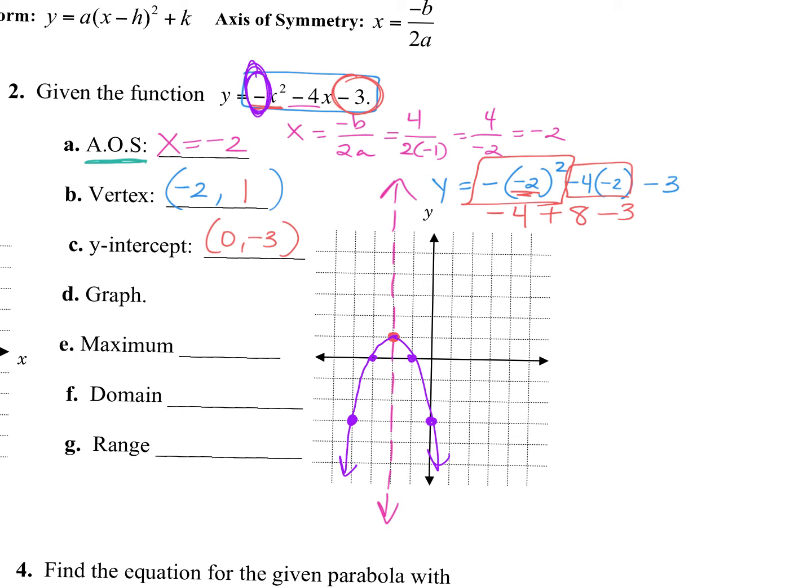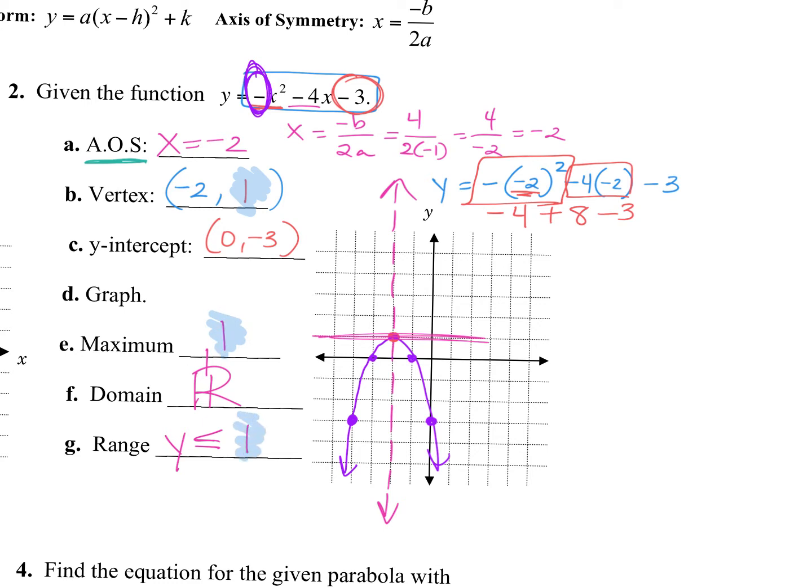What is your maximum? Your maximum is 1. It's where you hit the Y. So your maximum is 1. What's your domain? All real numbers, always. And then your range. Y is greater than or equal to or less than? Less than or equal to that one. Remember, all 3 of these, here, here, and here.